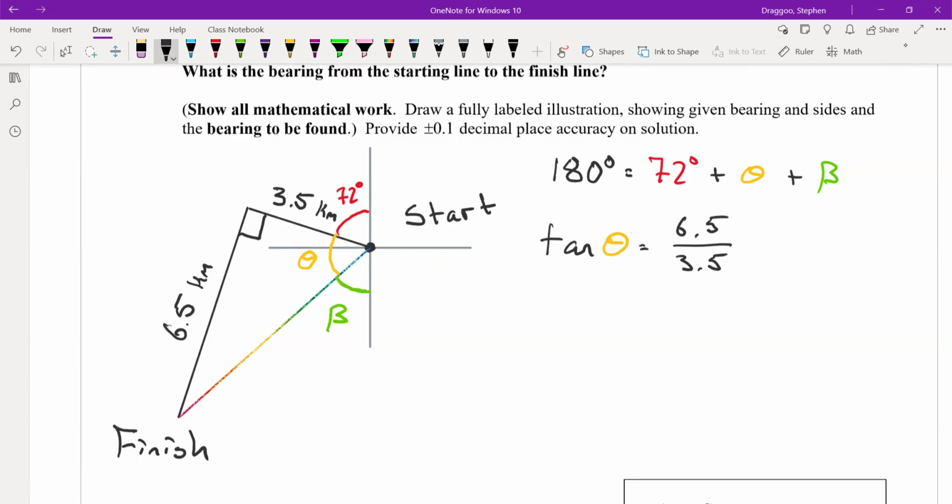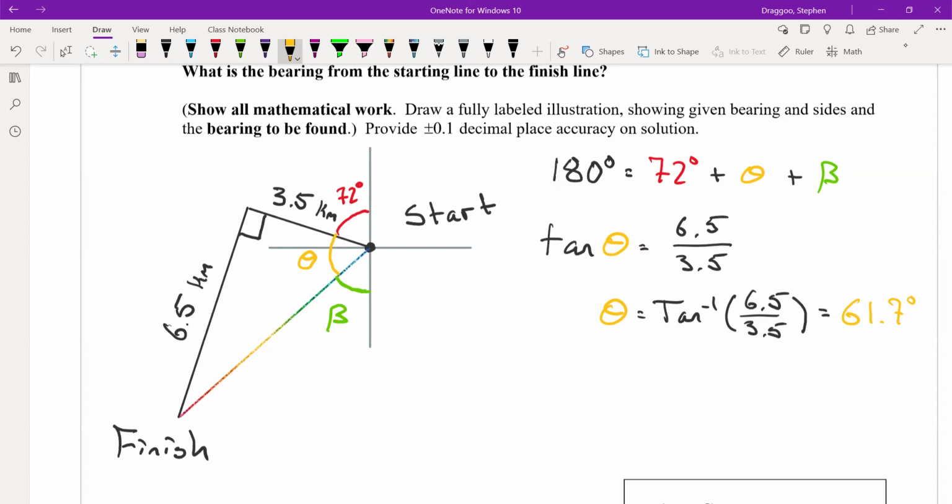And then use a tangent inverse function to find my angle. This is tan inverse of 6.5 over 3.5, which, if you take that to a calculator and you're in degree mode, you should get 61.7.